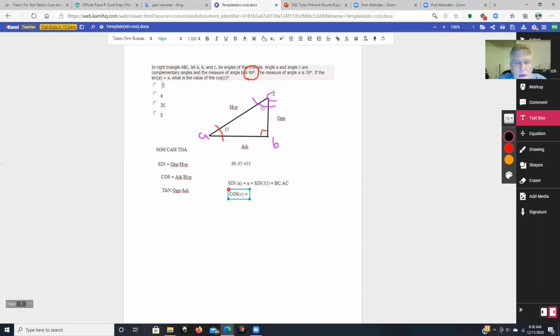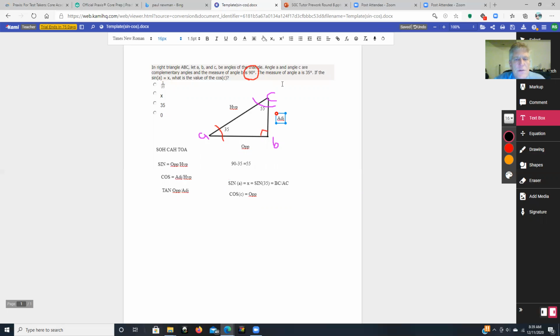When we're talking about C, this becomes the opposite, and this becomes the adjacent.